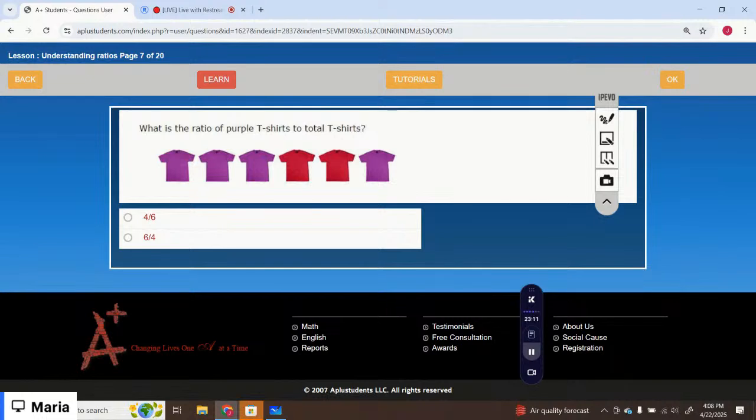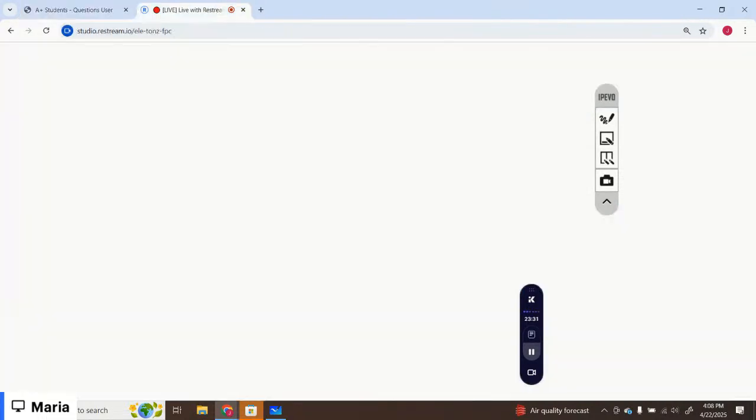What is the ratio of the purple t-shirts to total t-shirts? That is 4 to 6. Option number 1 is the correct option. 4 purple and total 6, so 4 to 6 it is.